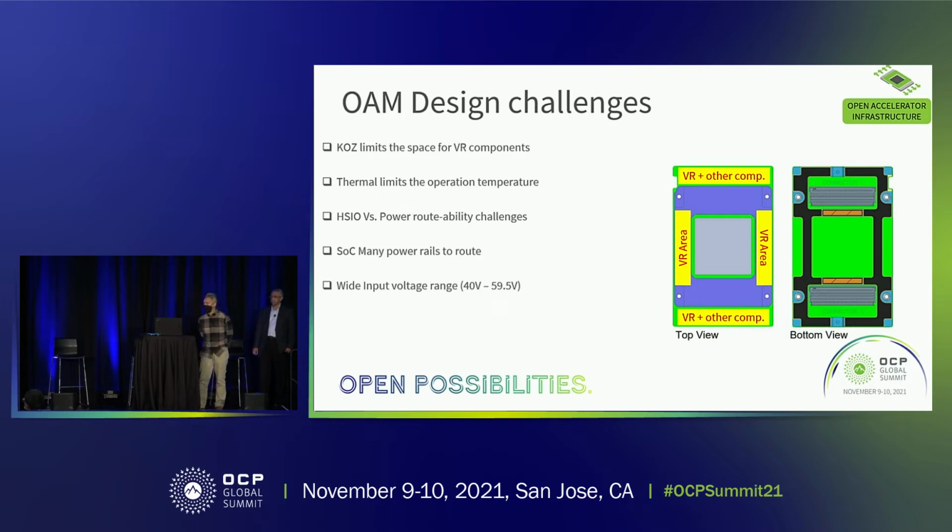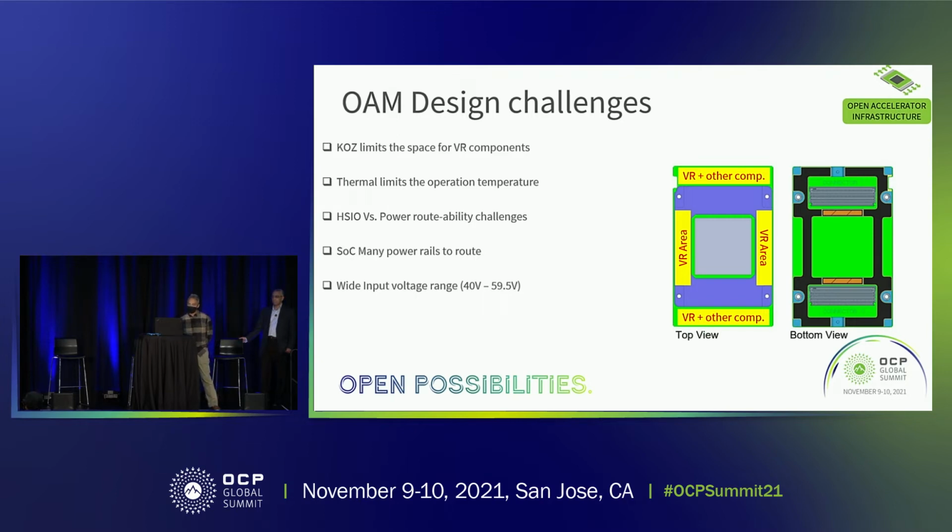What that means is we're having to use smaller components and higher switching frequencies, and routability is hard for this particular module. We have SoCs that have many rails, so for the PD engineer, in this limited space, we have to route all these rails to the SoC. That again is a challenge for anybody designing PD for this module.